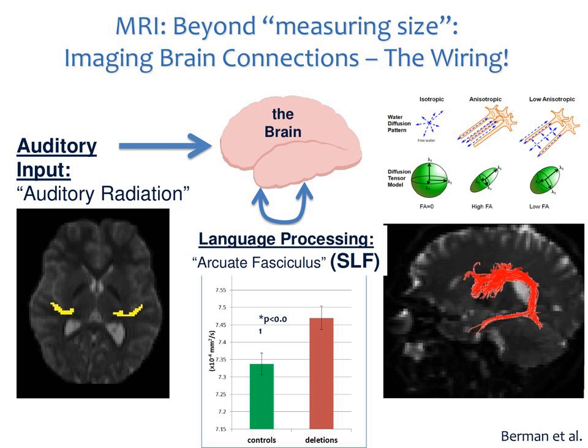And we can not only visualize these structures, but also interrogate the quality of the white matter bundles in terms of the orientation and degree of fibrousness and the ability to conduct signals.